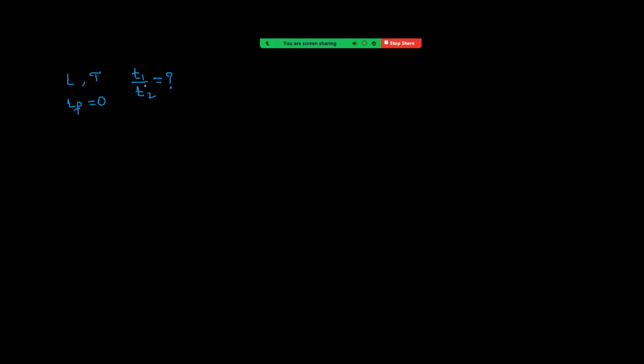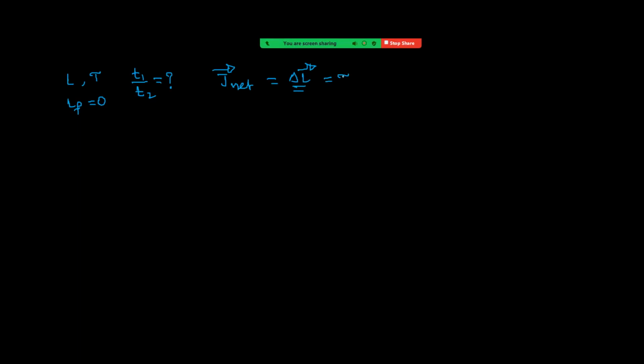Since delta L is known, the best one is using net angular impulse equal to change in angular momentum. So writing here, net angular impulse is equal to change in angular momentum. Now this is same for both. Initial value same, final value 0 for both. Delta L same.